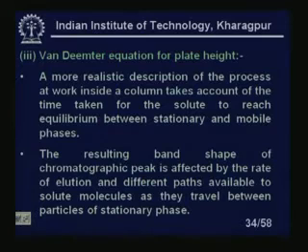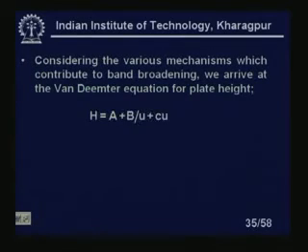The resulting band shape of the chromatographic peak is affected by the rate of elution and the different paths available to solute molecules as they travel between the particles of stationary phase. Considering the various mechanisms which contribute to band broadening, we arrive at the Van Deemter equation for the plate height, which is given by A plus B upon U plus C U.